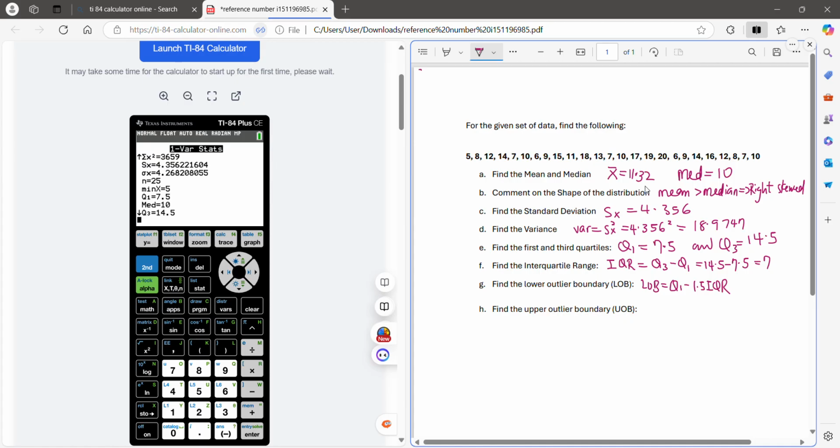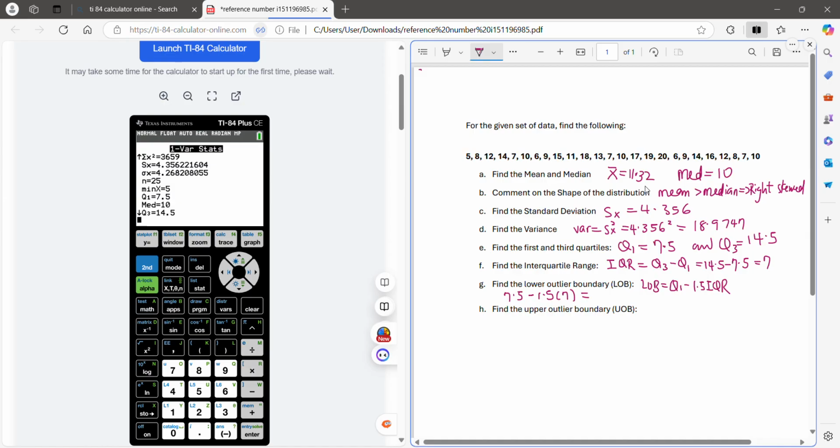Now to do this, we have our Q1 to be 7.5 minus 1.5 multiplied by the interquartile range, which is 7.